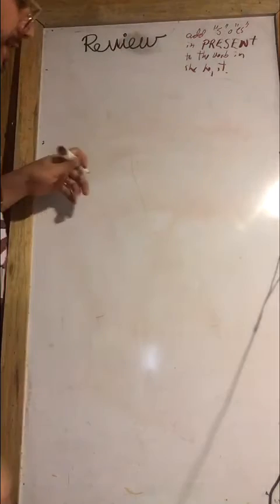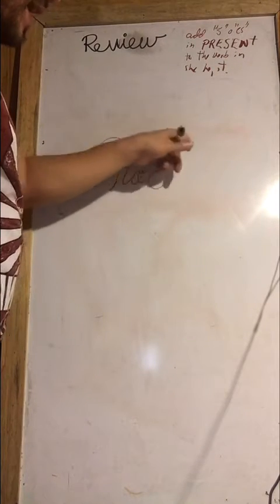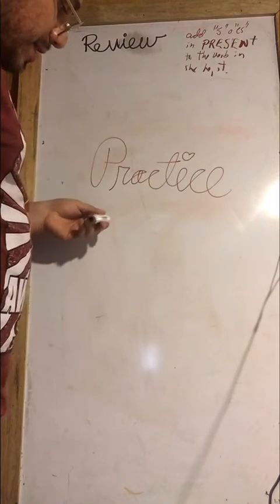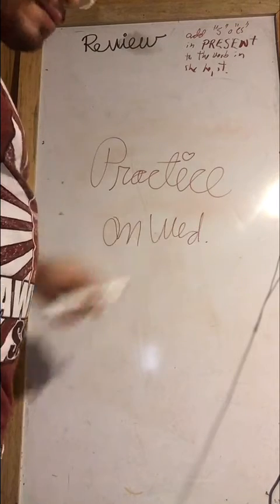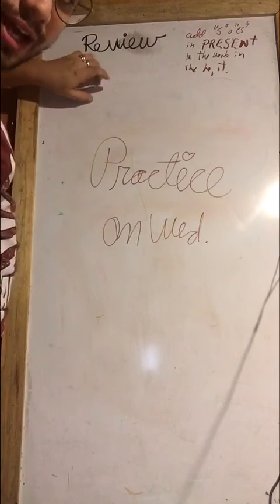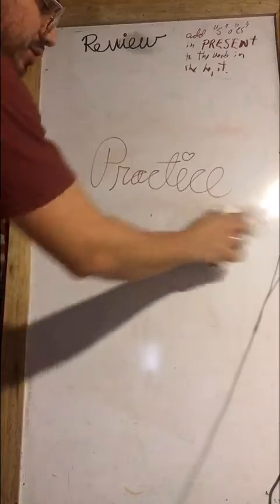So I'm gonna write it in here so nobody gets mistaken. Practice, test, quiz on Wednesday, okay? Please don't forget, because this is for Friday. These sentences are for Friday that I'm gonna write, but you have a quiz on Wednesday.